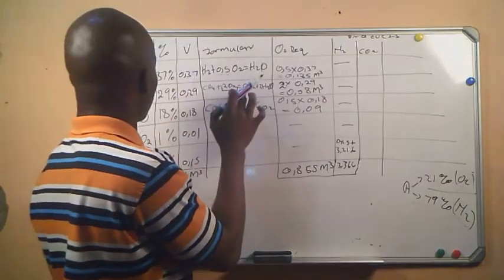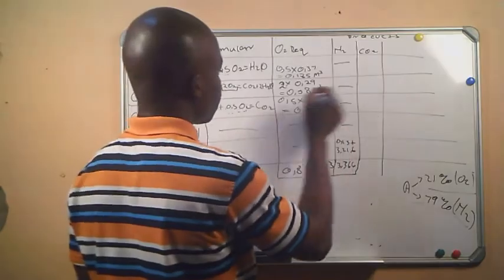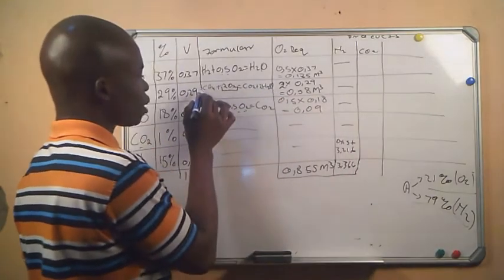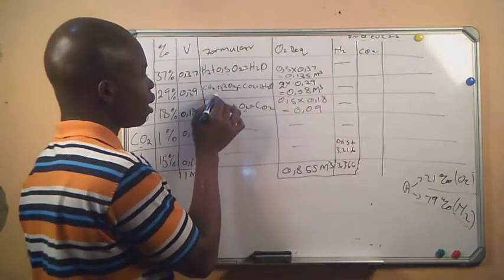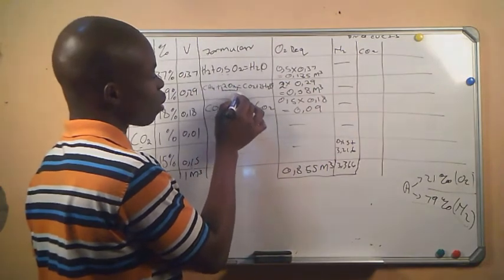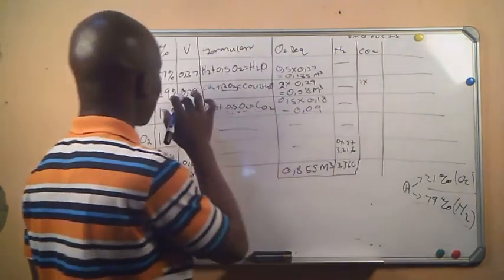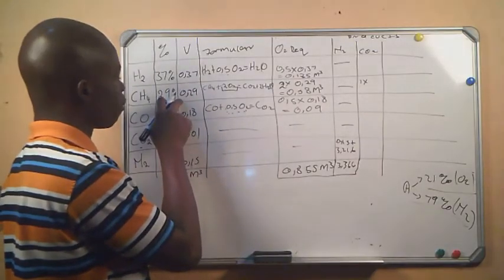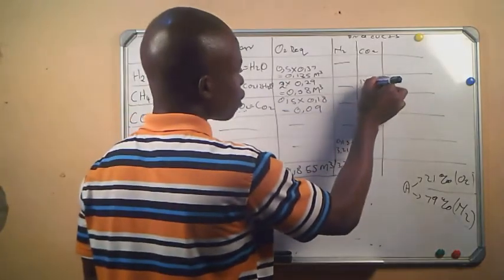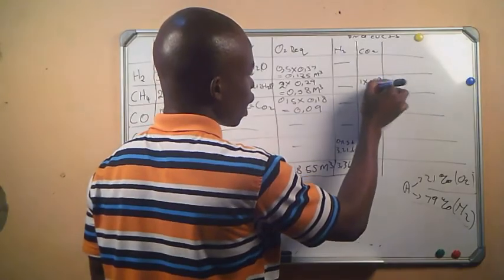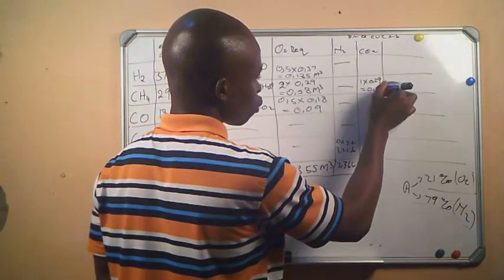From methane there will be carbon dioxide. And for this carbon dioxide, we see that 1 methane plus 2 oxygen equals 1 carbon dioxide. Then we will say 1 carbon dioxide times the amount of methane in the system, which is 0.29, and then it will give us 0.29.